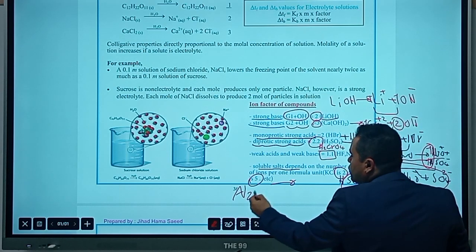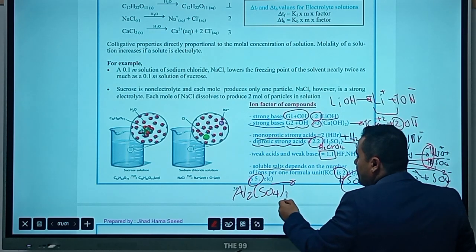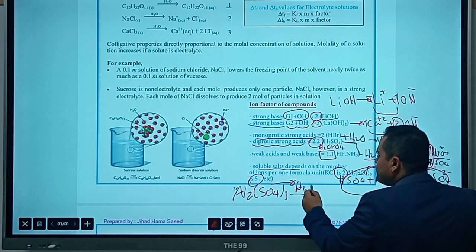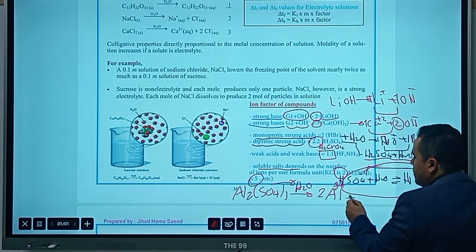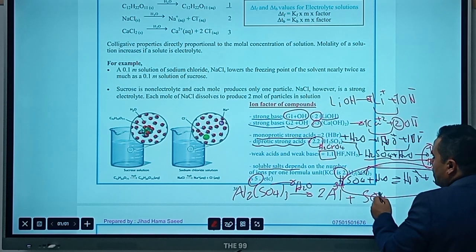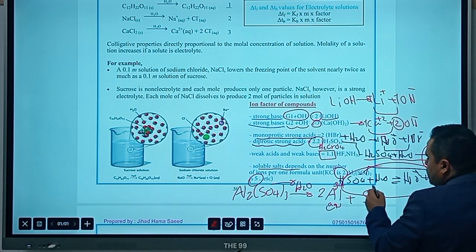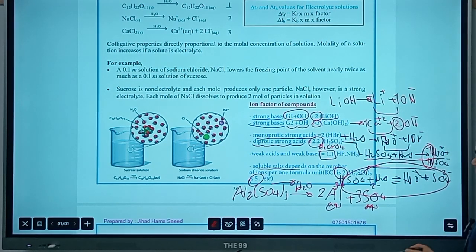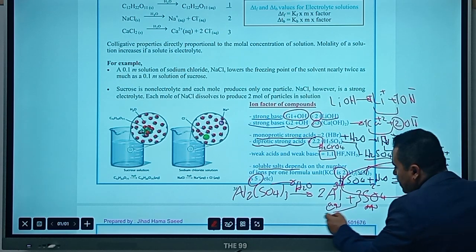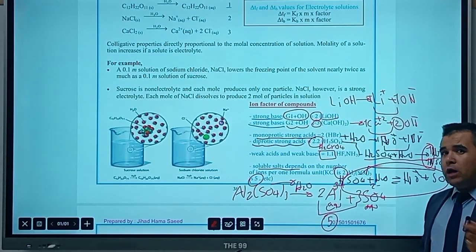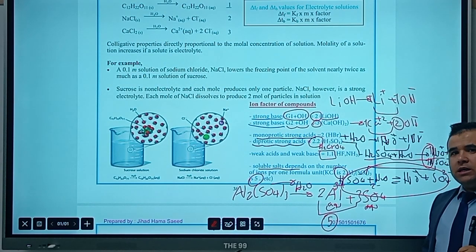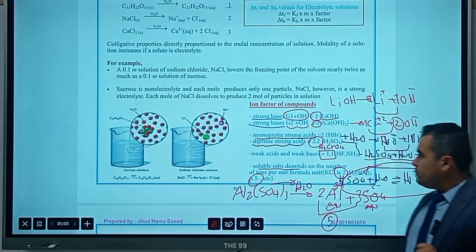Al2(SO4)3 will produce 2 Al3 positive, plus 3 SO4 negative 2. So how many ions formed? 5. The number of ions formed per one formula unit of the salt becomes the ion factor for the salt.